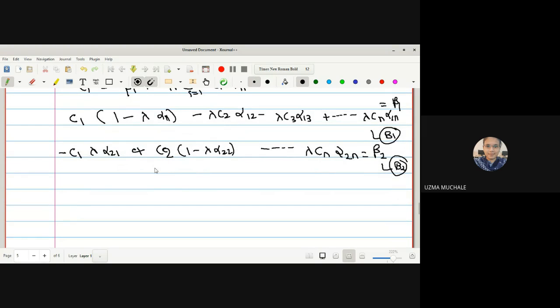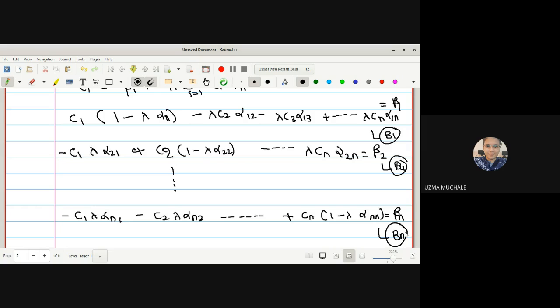Now those equations, after putting the values of those constant terms, we get minus C1 lambda alpha n1 minus C2 lambda alpha n2. The last equation we are writing: what is the last equation? If I take Cn outside, 1 minus lambda alpha nn is equal to beta n, and this is our Bn equation.